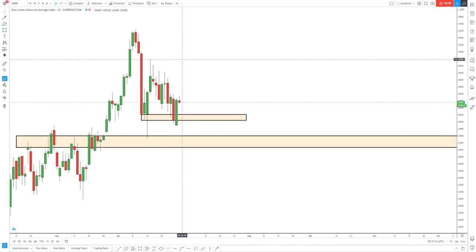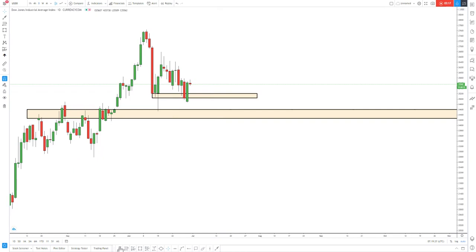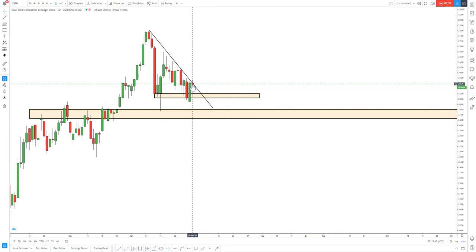Knowing that price closed above this with a massive bullish momentum candle, I expect price to actually move higher with this next candle. And also, if we do pick up a trend line, as much as able to cross enough candles, we can see how well this broke out previously, but did close a little bit lower. But remember, it's a new trading day, so we have to wait for this candle closure to see what happens on US30.